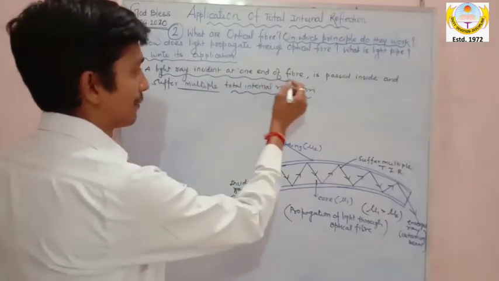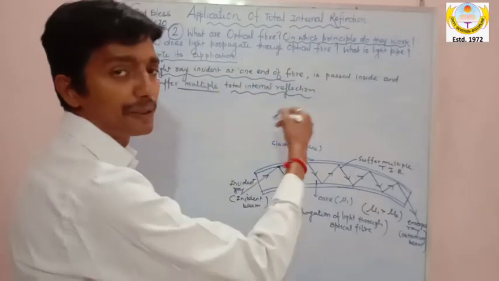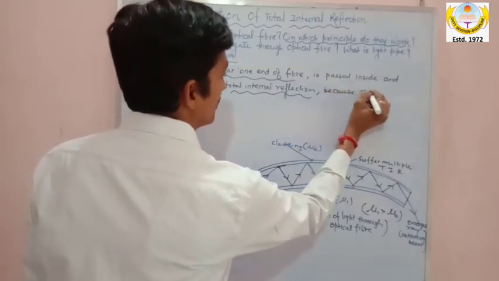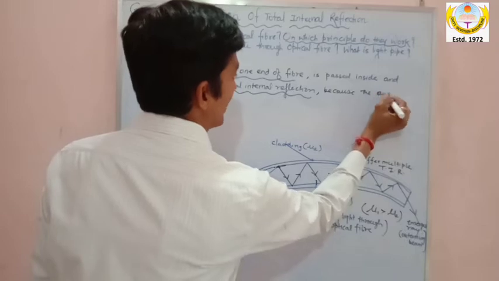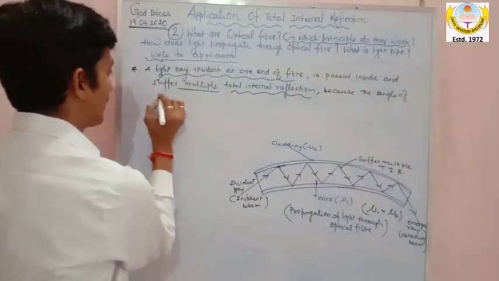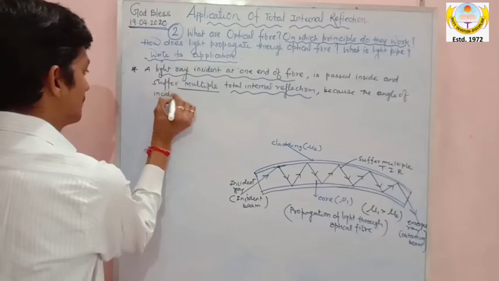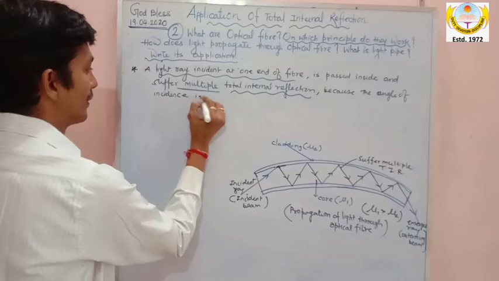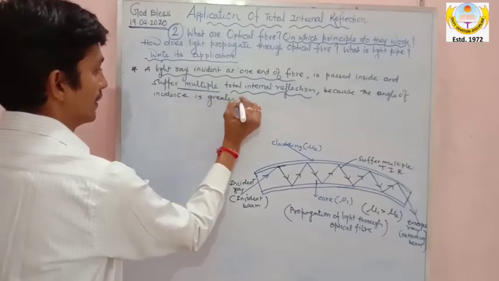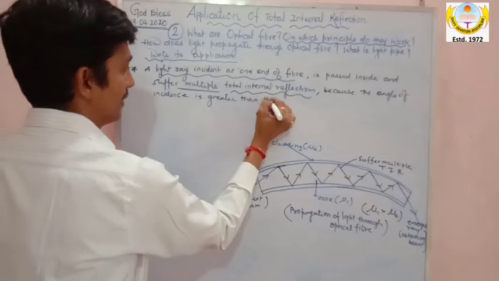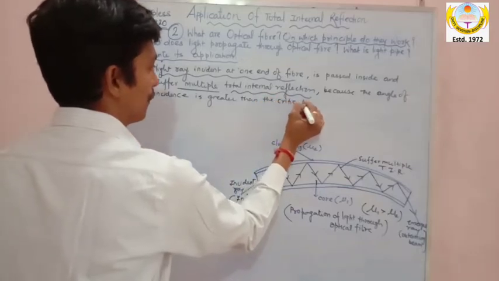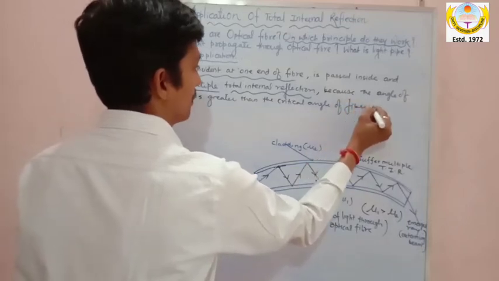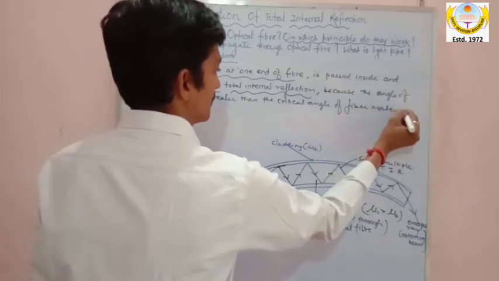A light ray incident at one end of the fiber is passed inside and suffers multiple total internal reflection because the angle of incidence is greater than the critical angle of fiber material, you can say.